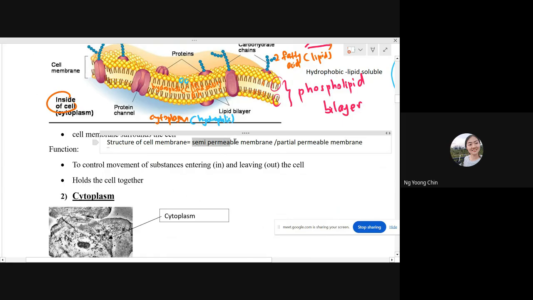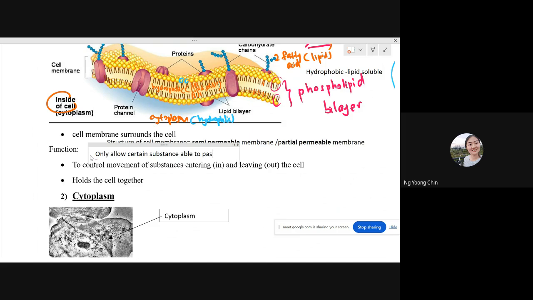Semi-permeable and partially permeable have the same meaning: they only allow certain substances to pass through the phospholipid bilayer. Certain substances, not all substances.